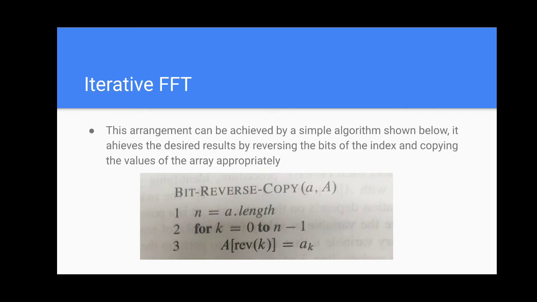So if you copy the value stored in location 1 to location 4, you are going to have the value in 1 stored in location A4. Similarly, if 100 is reversed, it becomes 001. So if you store the previous value which was stored in 4, it will come to location 1. So what happens? The 0th index will have the same value, whereas location 1 will have a value which was actually A4, but now will be stored in location 1.